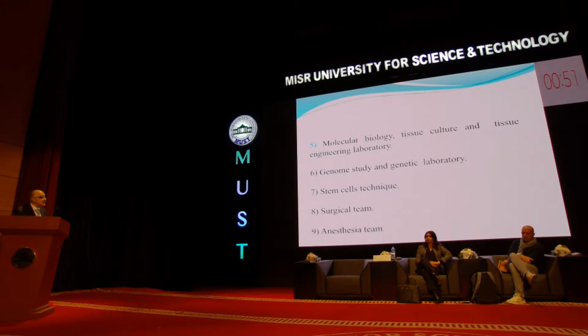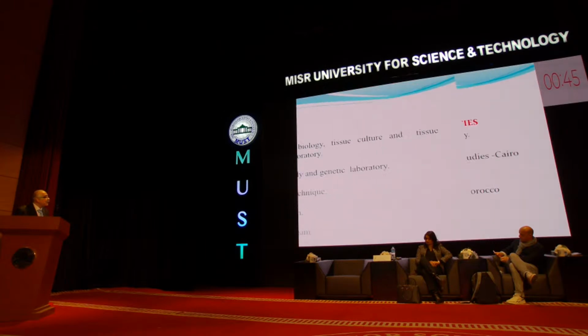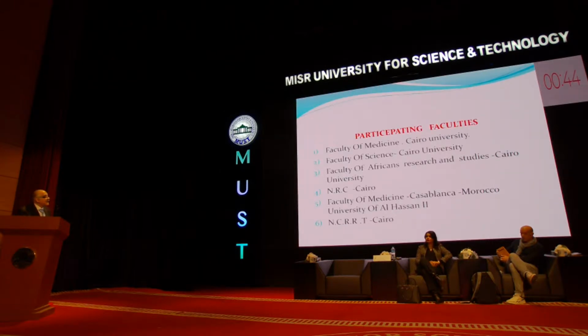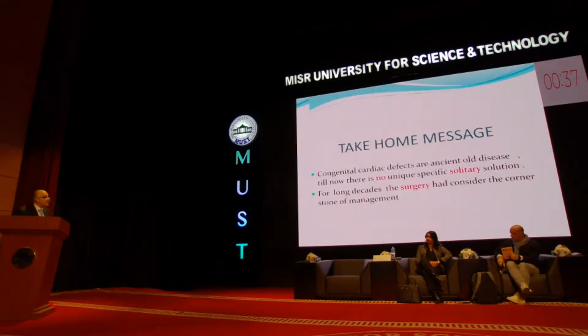Molecular biology, tissue culture and tissue engineering, and genome study in the genetic laboratory, stem cell techniques, a surgical team and an anesthesia team. Participating faculties: Faculty of Medicine, Faculty of Science, Cairo University, Faculty of African Research and Studies, NRC Cairo, Faculty of Medicine, Casablanca, Morocco, NDCRT, and Holland.